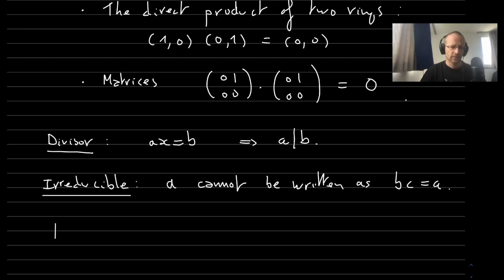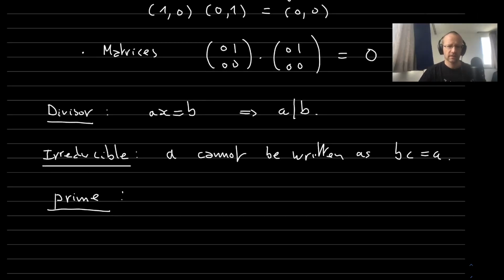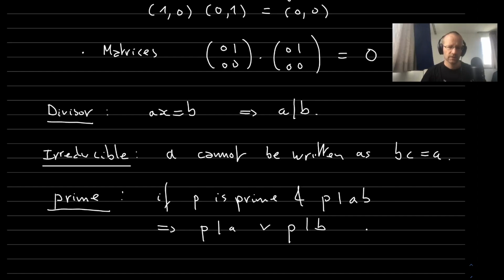And then we also have the concept of a prime, which is that if P is prime and P divides A times B, then P divides either A or B or both.